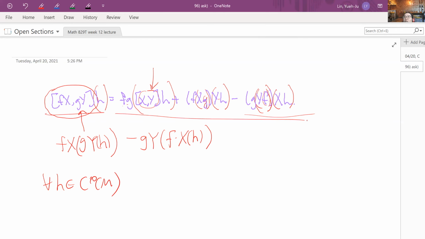Then if you evaluate at each point, it will be a tangent vector. A tangent vector is essentially a derivation, some kind of map. As a map, when you evaluate at every possible test function H, it looks like the same thing. So as an action, a tangent vector should be the same.